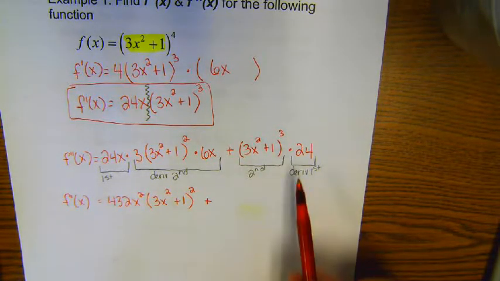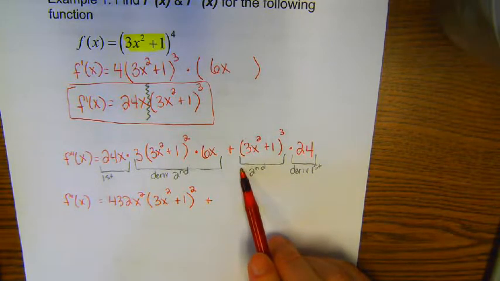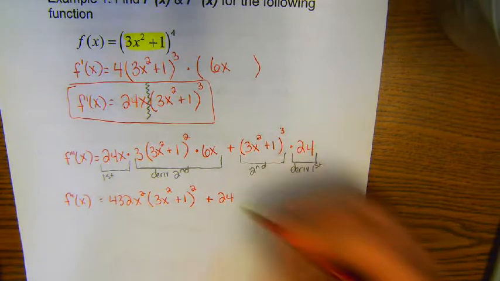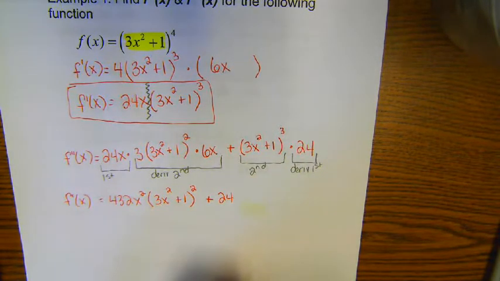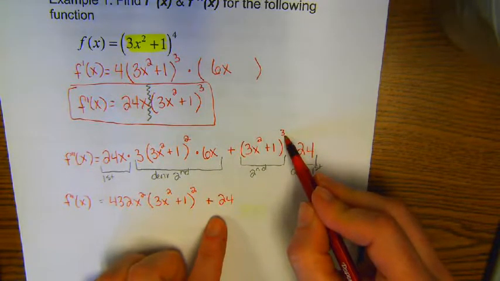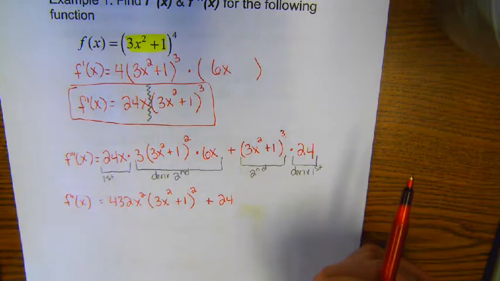And then over here I would put this 24 out in front, and I'm going to do something else because I have seen something like this on a multiple choice question before, and I want to show you how they would simplify it further. So I'm going to rewrite this power of 3 as the function squared times the function.